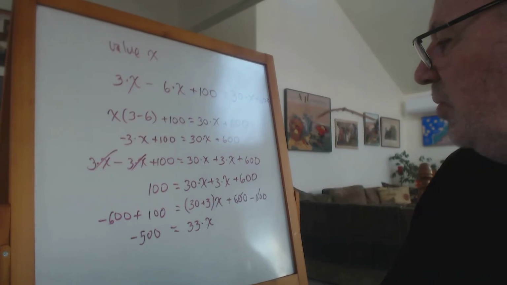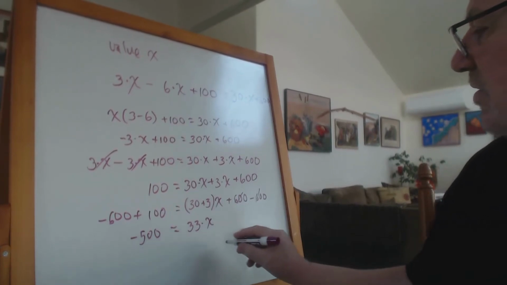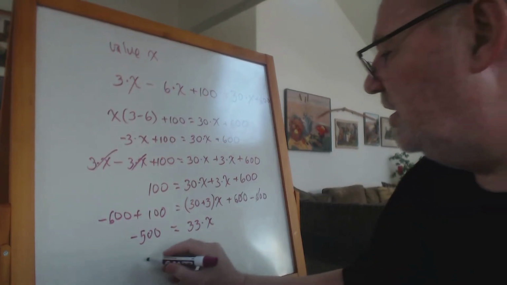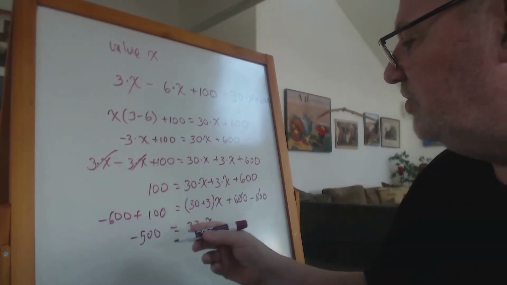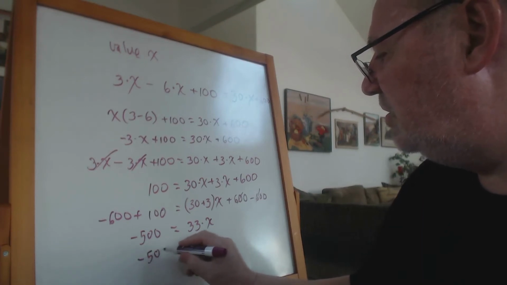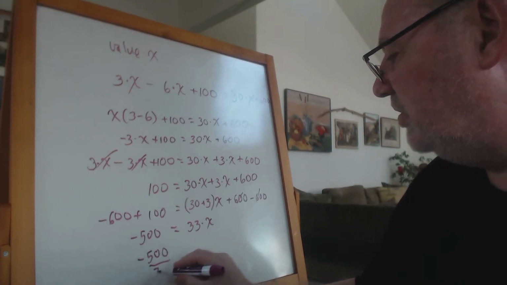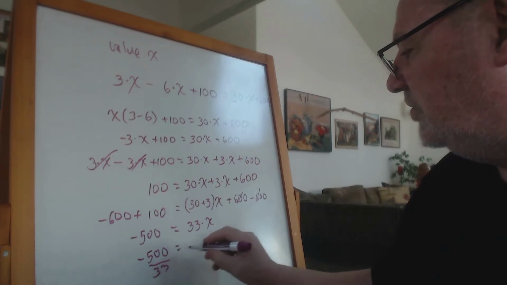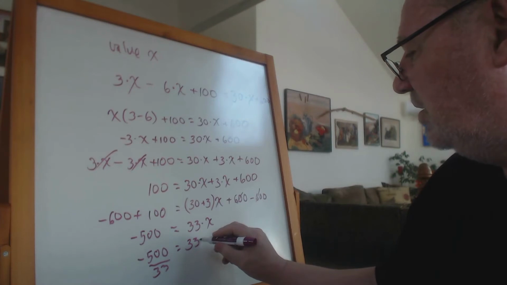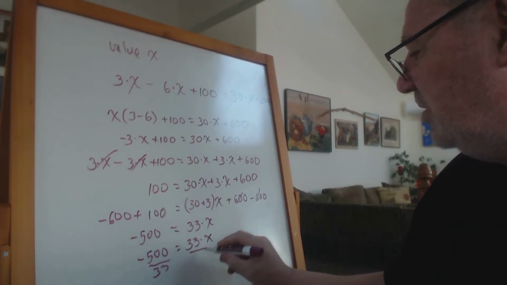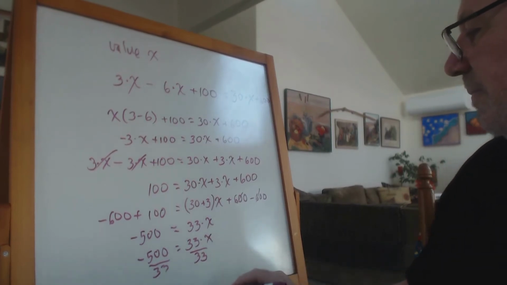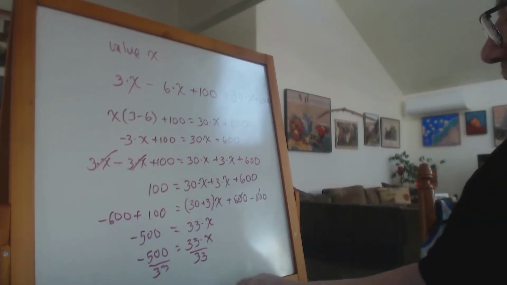And all we need to do is divide by 33 on each side, and we can isolate x. So minus 500 divided by 33 equals 33x divided by 33, and that goes to 1. I'm running out of board room.